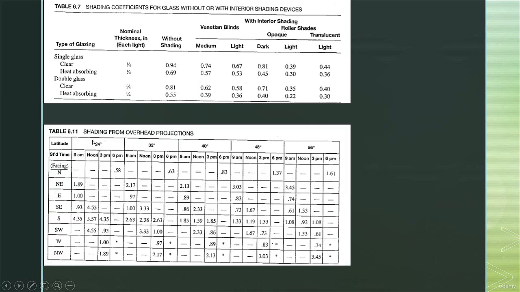Now if you use external overhead shades, you select the facing of your glass, then the latitude, and then the time. These are the values for overhead shades, and we add the shading coefficient of internal shades to that from overhead projections, and we get the value of SC.